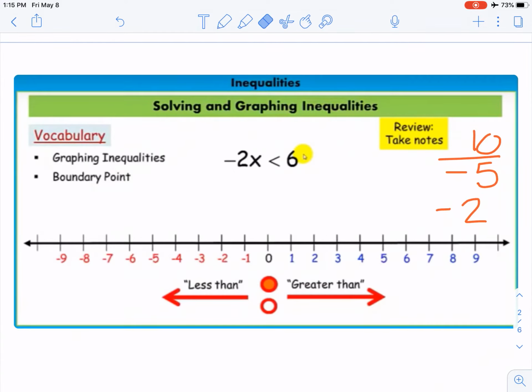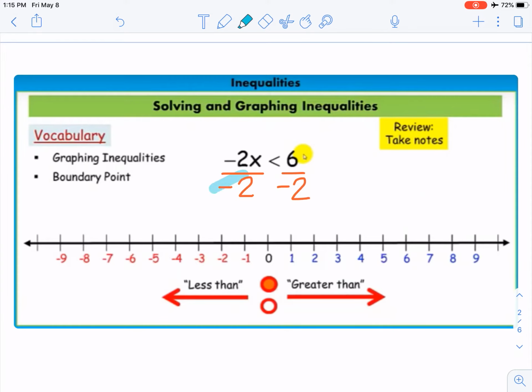Because of that, we need to be really careful with inequalities that deal with dividing by a negative number. In this case, in order to get x by itself, I see that I need to divide by negative 2. When I write divided by negative 2, I know that this is going to change the sign of my answer.